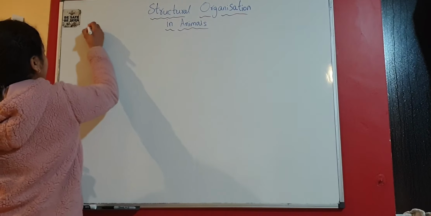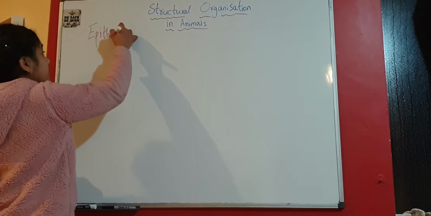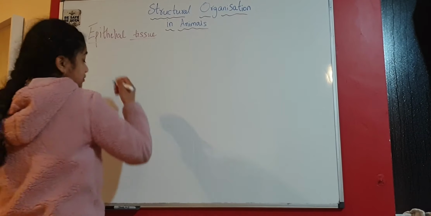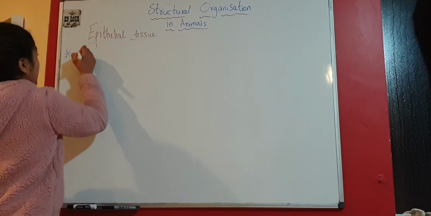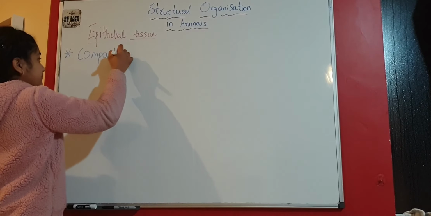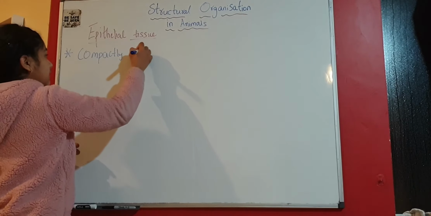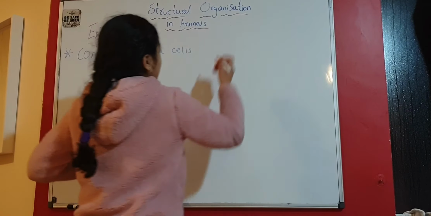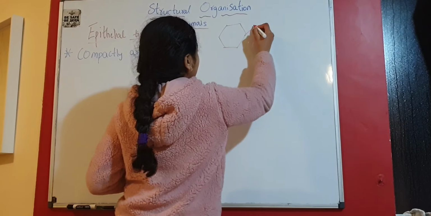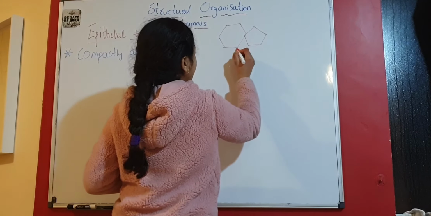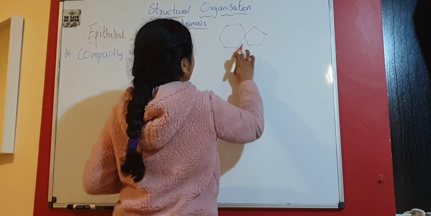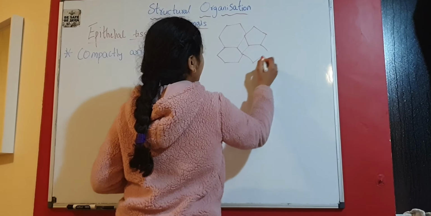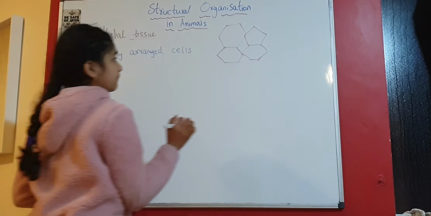Epithelial tissue has compactly arranged cells. Compactly arranged cells means they don't have much space in between.